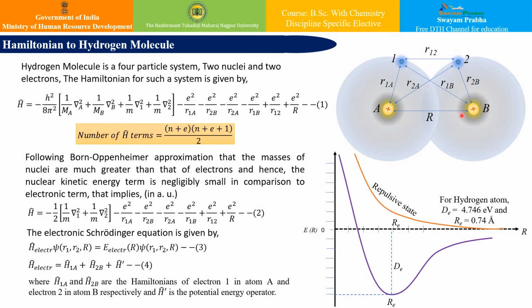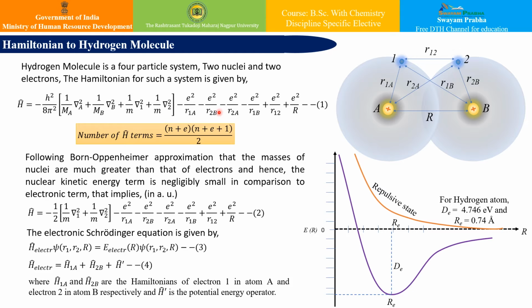Likewise, there is an attractive potential between the second hydrogen atom and the first electron, that is R1B, and therefore you will find negative signs. Accordingly, there are positive signs for the repulsive potentials, that is e square upon R12 is the repulsive potential between the two electrons, 1 and 2, and e square upon R is the repulsive potential between hydrogen atom A and hydrogen atom B. So there are 10 terms involved in this Hamiltonian in detail.